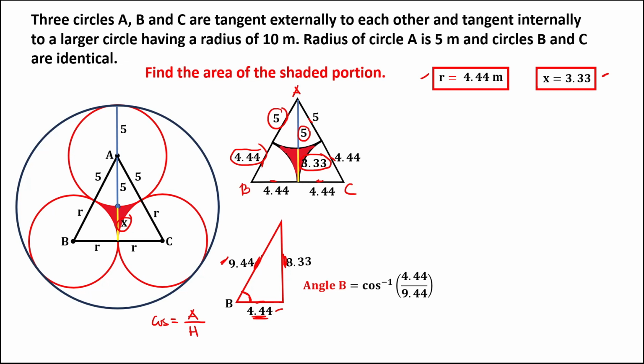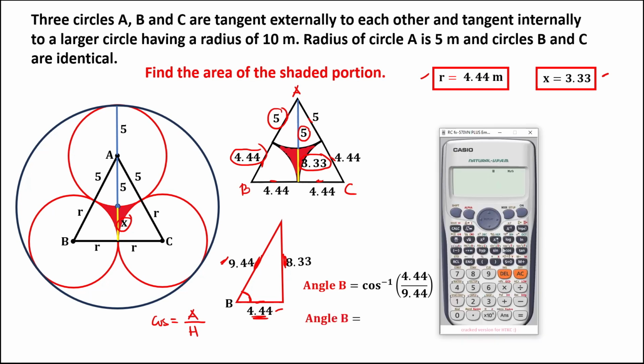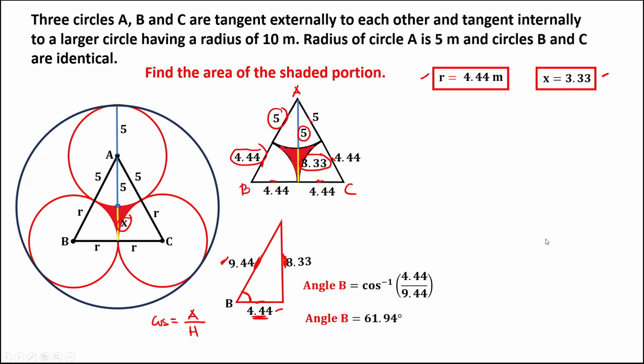To find angle B, press shift, then cosine, that's inverse cosine, then 4.44 divided by 9.44, equals. So angle B is equal to 61.94 degrees.